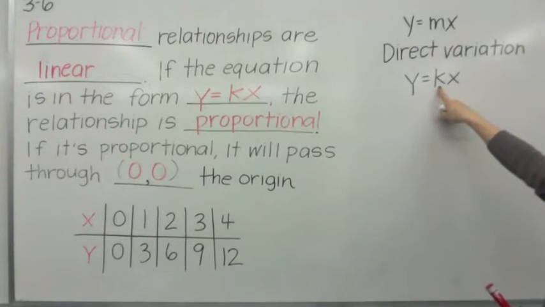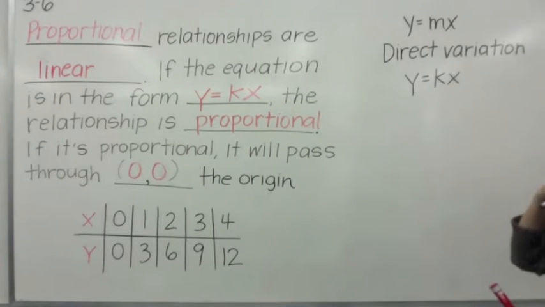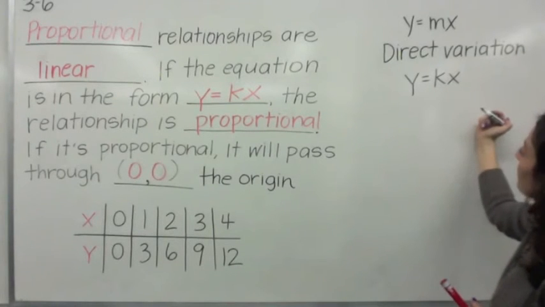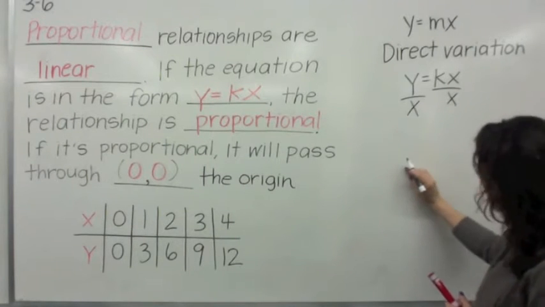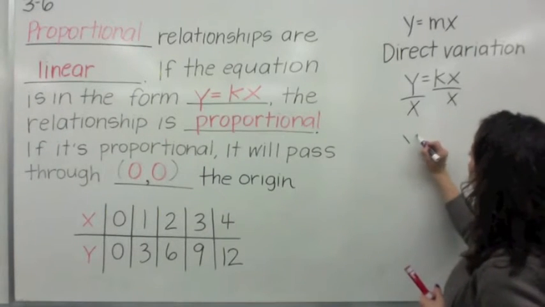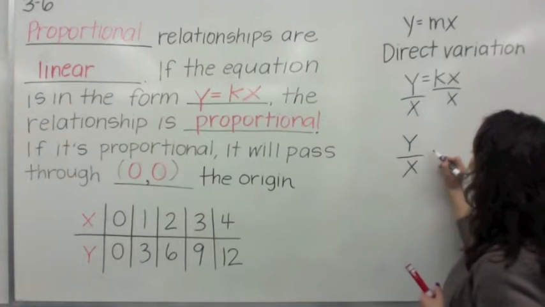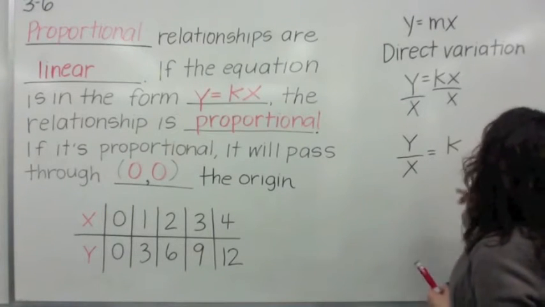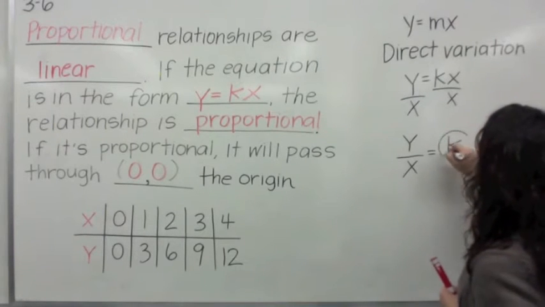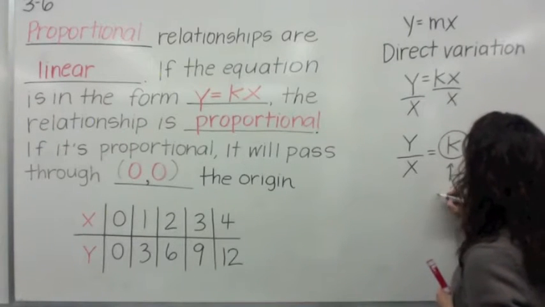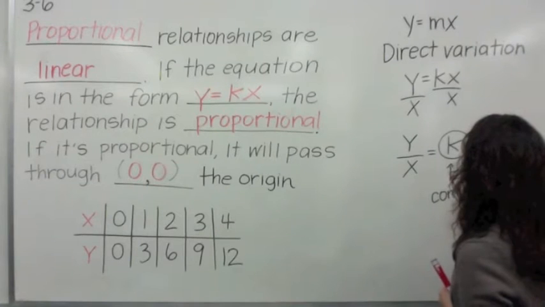How would you get the slope, or in this case k, by itself? Would you divide both sides by x? Yes, you would. So you get that y divided by x equals k. What does that mean? k is a constant rate of change.